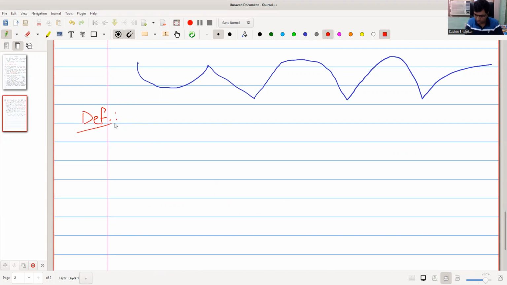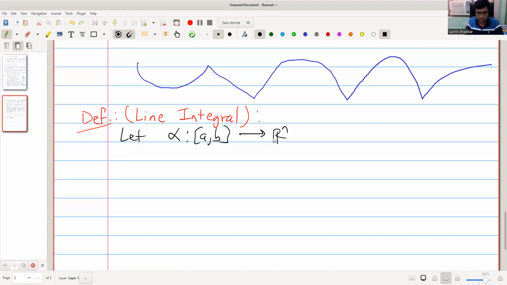Definition of line integral: let alpha from the closed interval [a, b] to Rn be a piecewise smooth path.